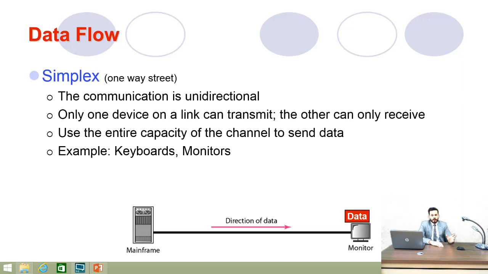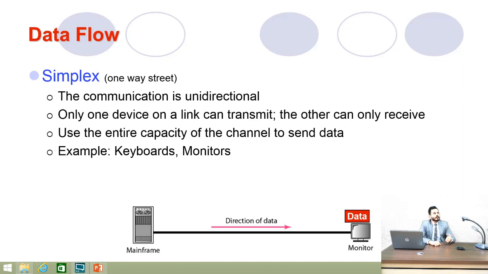You can say only one device on a link can transmit and the other can only receive. So when the sender sends the information to the receiver, the receiver can only receive data, but it can't send data.